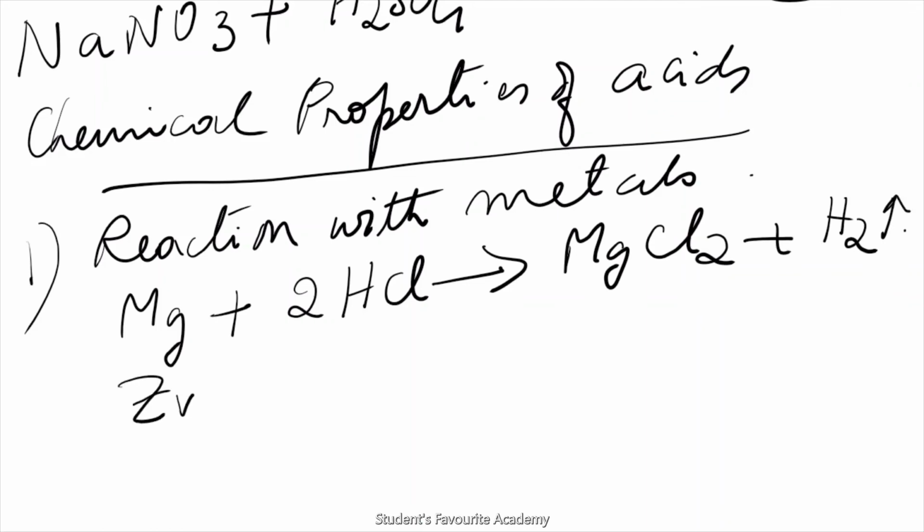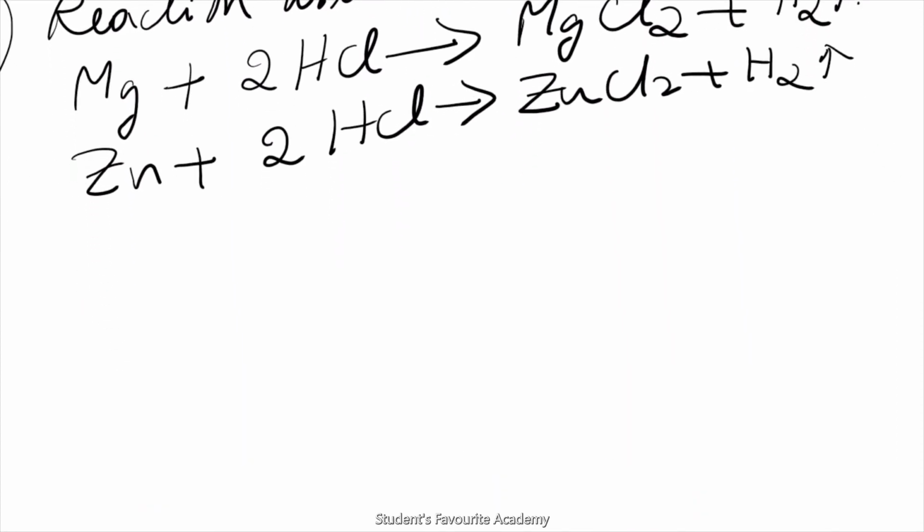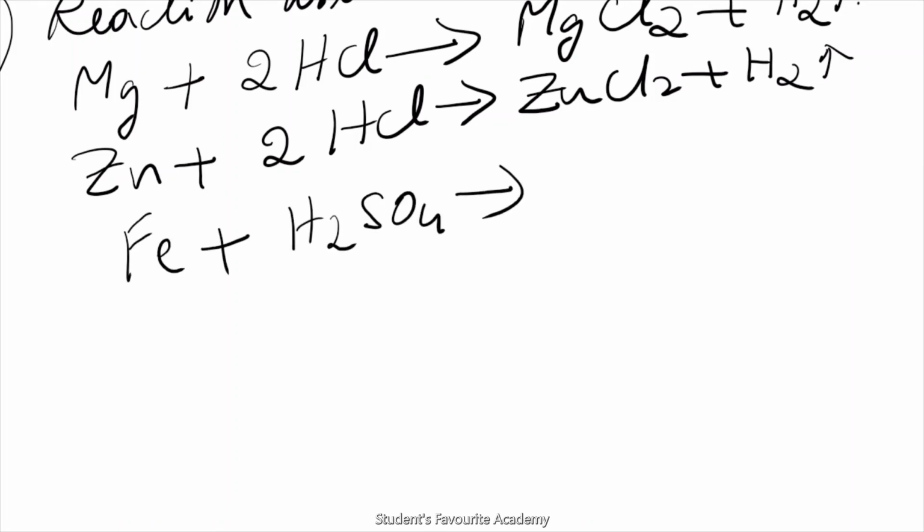Similarly, zinc plus hydrochloric acid gives zinc chloride plus hydrogen. This is also the chemical reaction for laboratory preparation of hydrogen. Similarly, iron plus sulfuric acid gives ferrous sulfate, that is FeSO4, plus hydrogen.